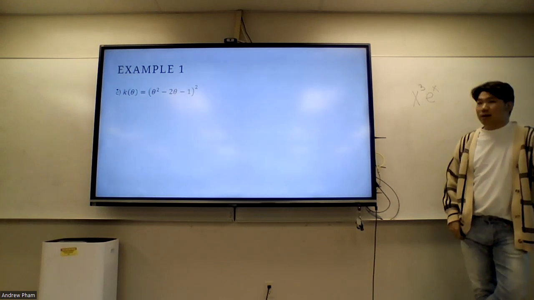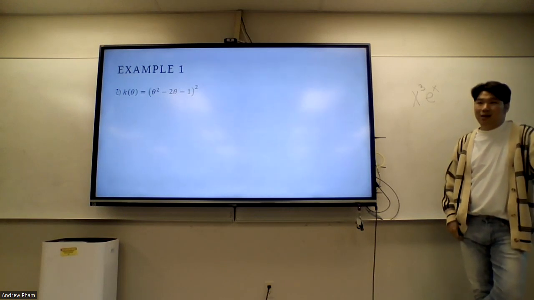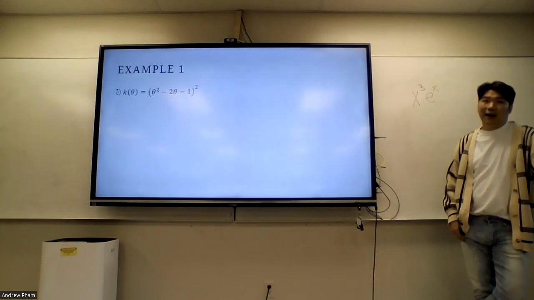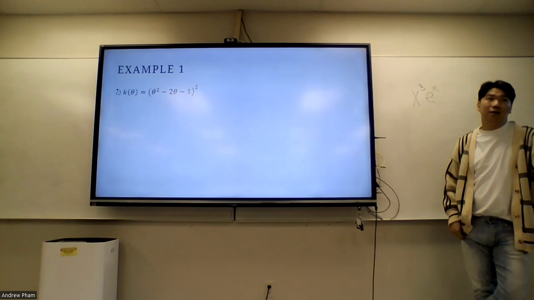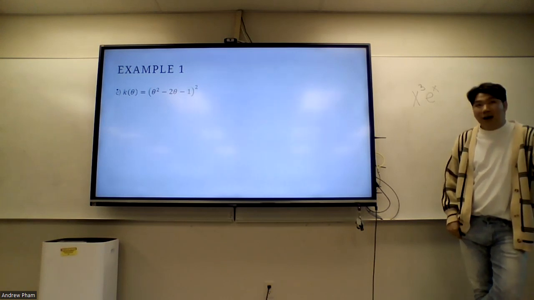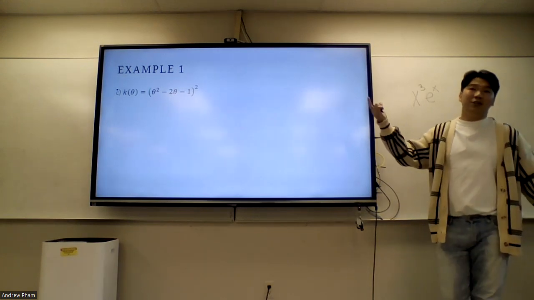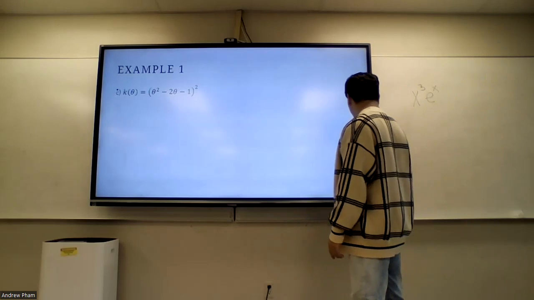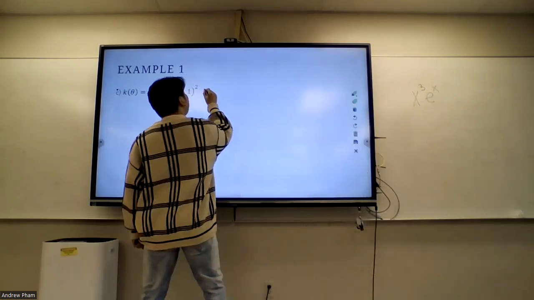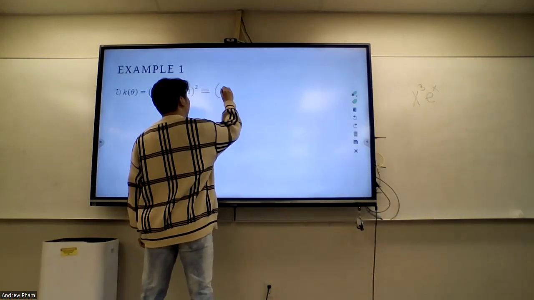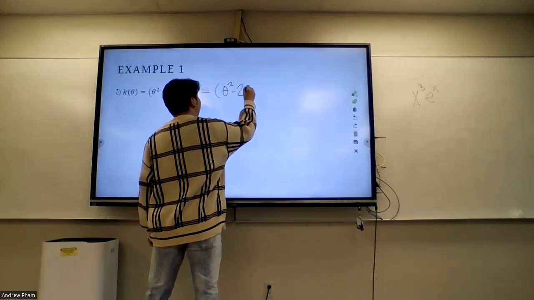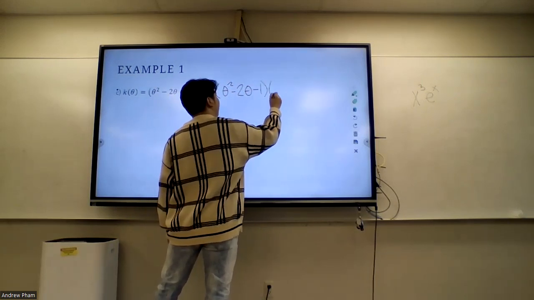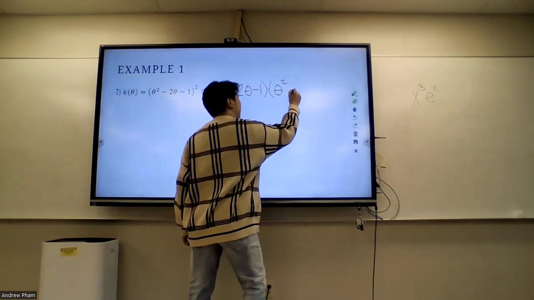So looking at this, it doesn't look like a product. But I claim we can still use the product rule. Why can I possibly say that? It's a square. And a square is just saying, I take that expression times itself. In other words, I could write this technically as theta squared minus 2 theta minus 1 times the same thing.